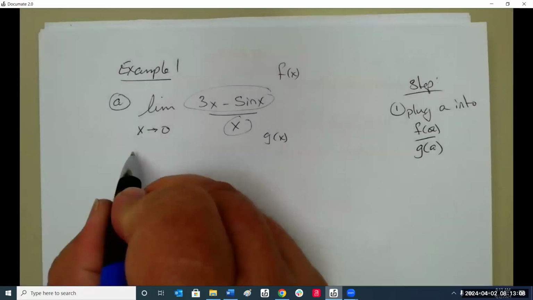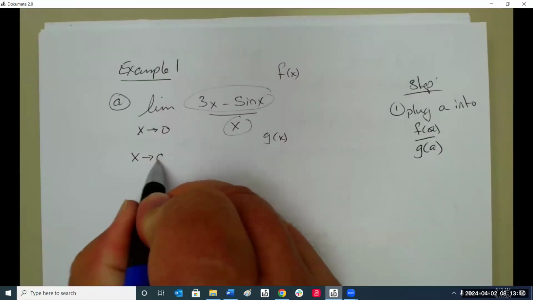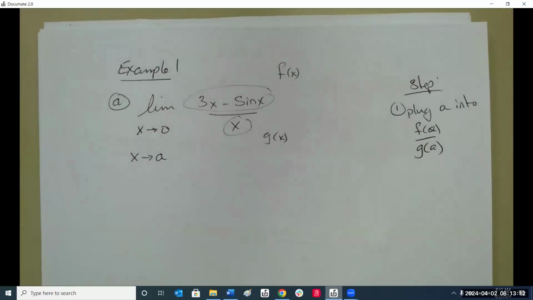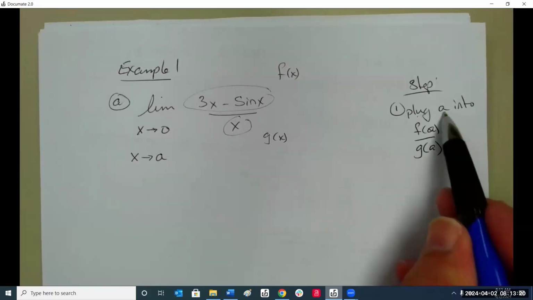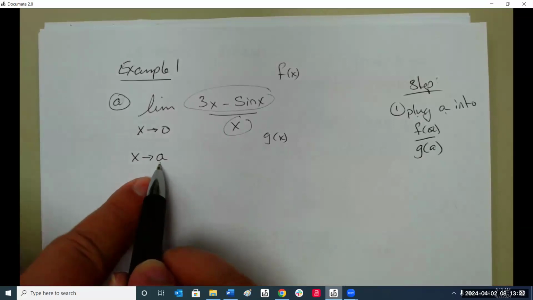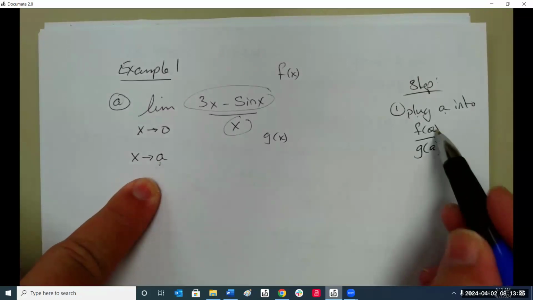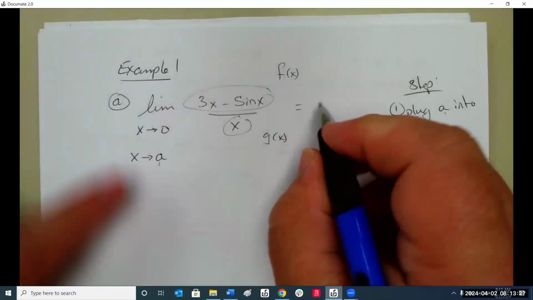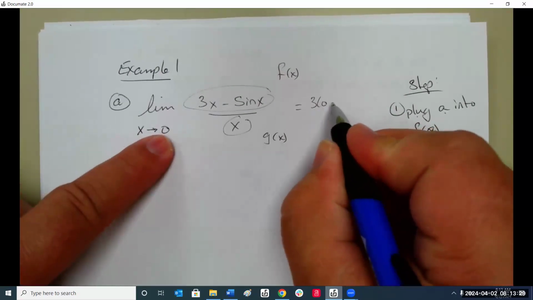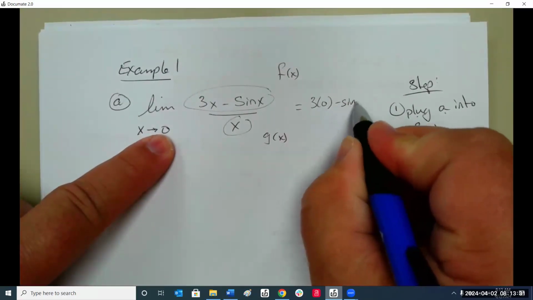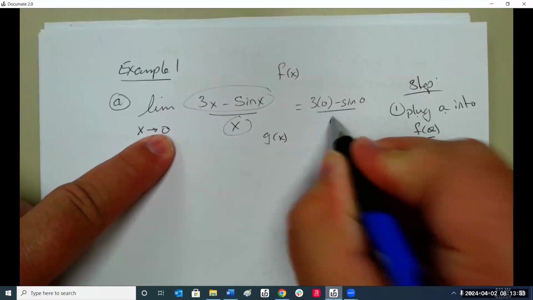So the first thing you do, remember, the way we read this is x goes to a, whatever that number is. Again, you have to remember what we did in chapter 1 and chapter 2 to do the rest of this stuff. So when I say plug in a, well, a is whatever this limit value is. Plug that into top and bottom, see what happens. So that's what we did. We had 3 times 0 minus sine of 0 over 0.